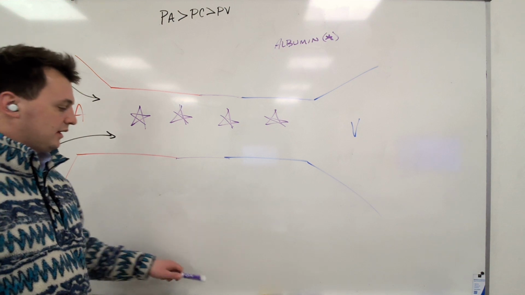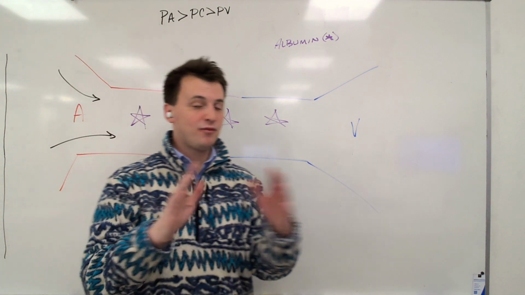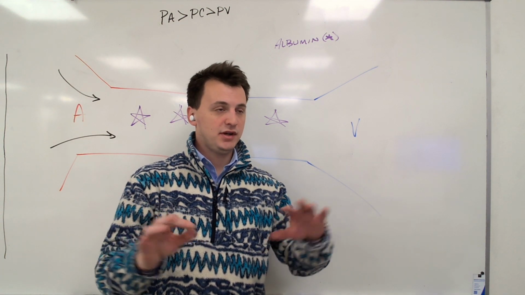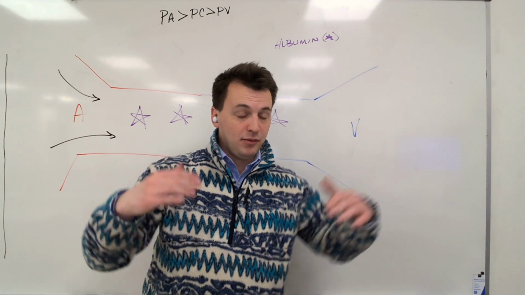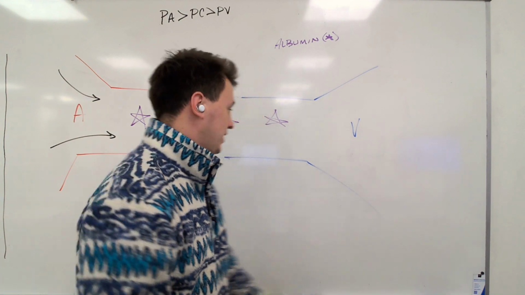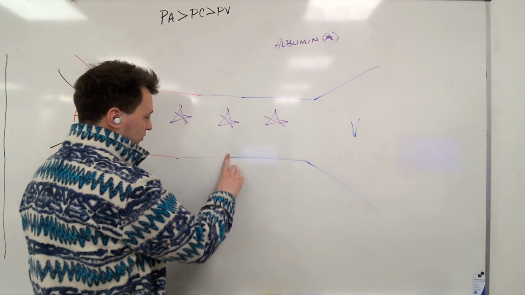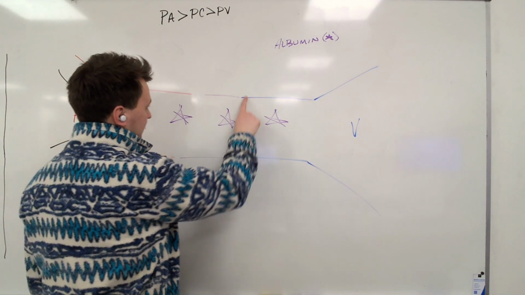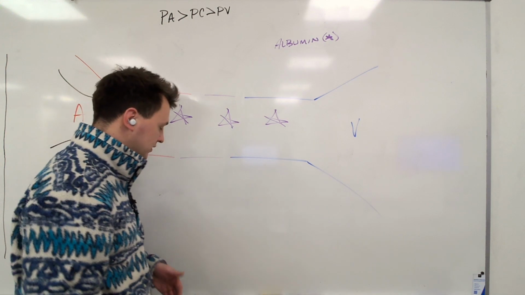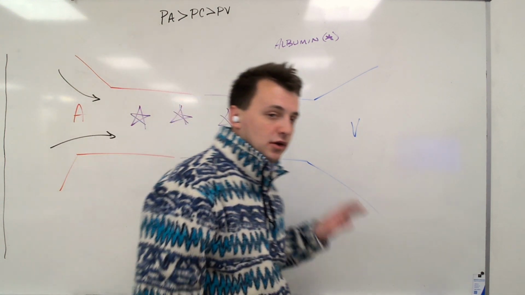Albumin is too big because in every circumstance that I've drawn in this video, or in my previous videos on the channel, we have channels. Same thing with the capillaries. We have these channels in the capillaries that move stuff across. But albumin is too big to go through this capillary.